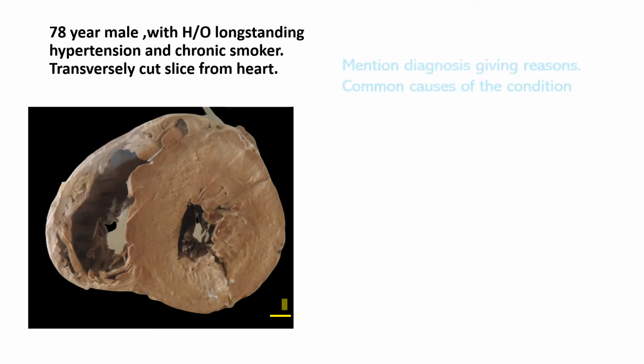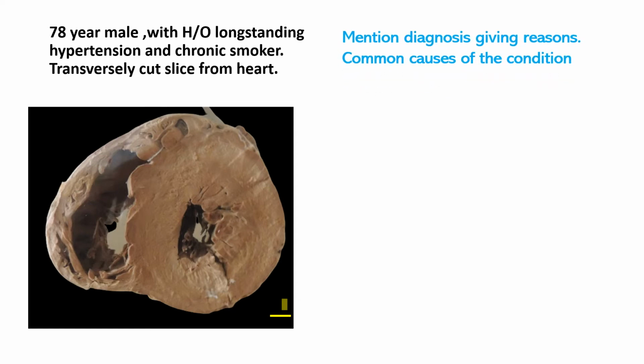What you observe here is the marking. So this is the scale, 1 centimeter. If we take it that way, then in the heart, this is the left ventricle and this is the right ventricle.